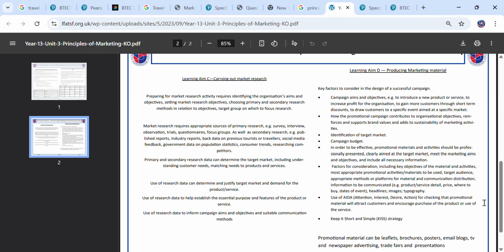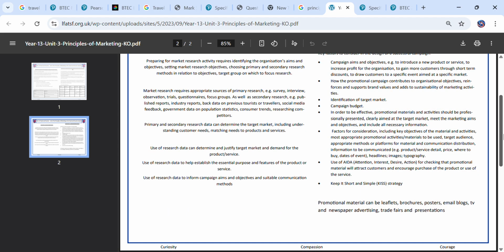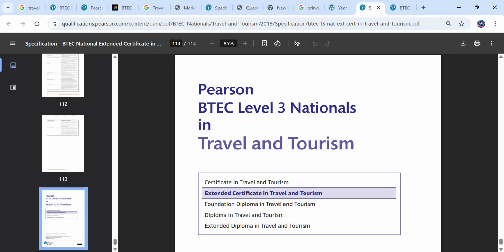I feel like a BTEC is really useful for the workplace, and it's more aligned with universities, I would say. You use primary research and research data, and that's kind of it for year 12.